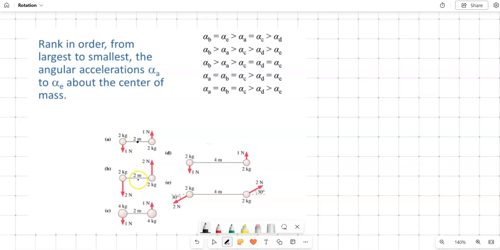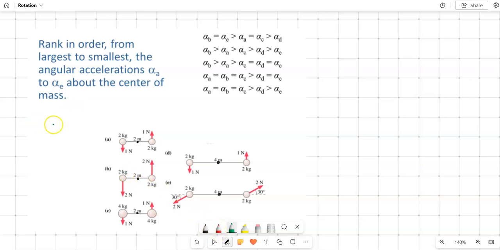And in all of these objects, they're spinning about the center of mass. So they're all going to be spinning counterclockwise, which is going to result in positive torques and probably a positive alpha. Okay, but let me show you how to do A together, and then let's see how you do on your own.